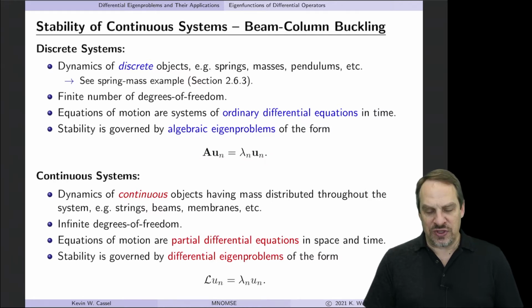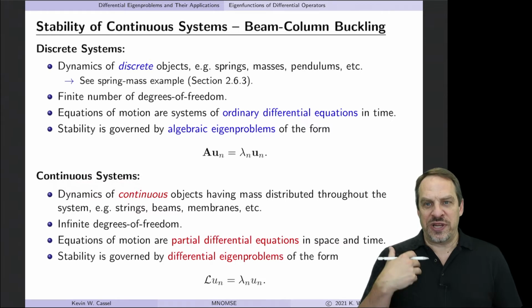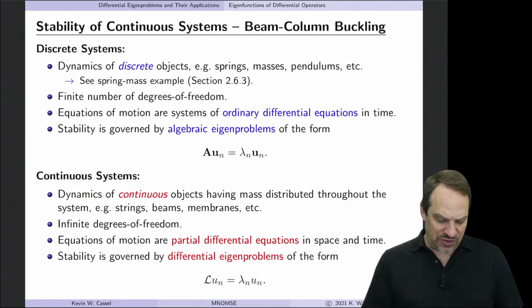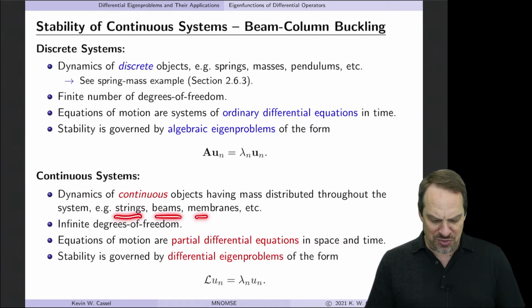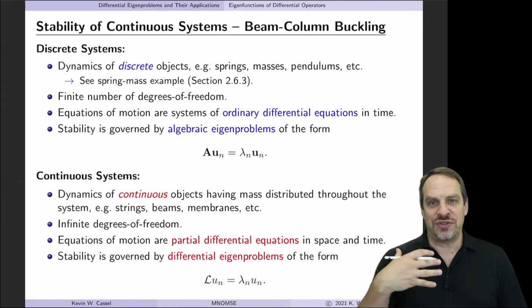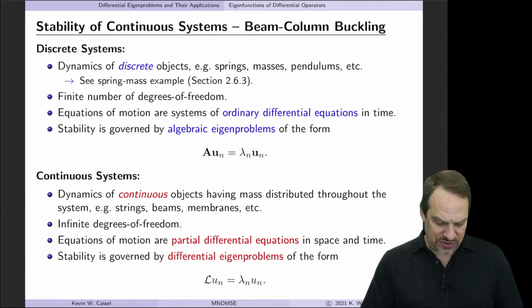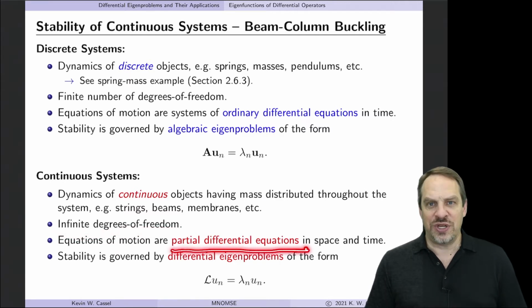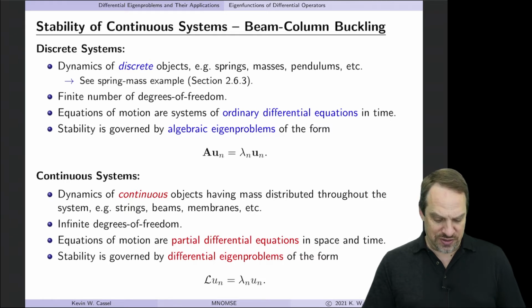So AU is lambda U. Now in continuous systems, we have continuous objects, so things like strings and beams and membranes and so forth, where the mass is distributed throughout the system. We now have an infinite number of degrees of freedom. They are governed by partial differential equations in both space and time.